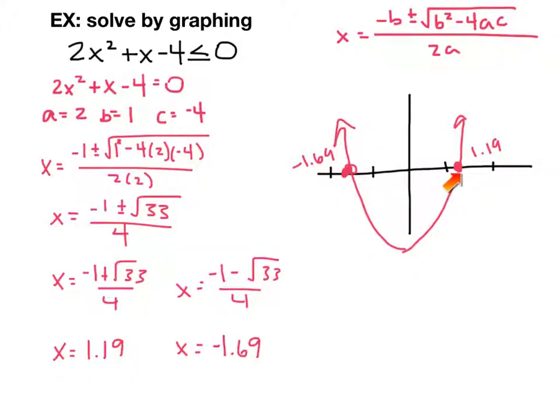So I can highlight these x's that give me y values that are below 0. So my answer would be -1.69 is less than or equal to x, and x is less than or equal to 1.19.